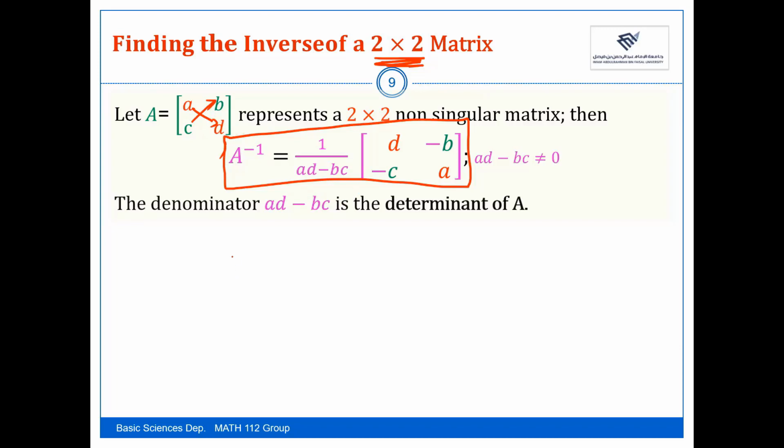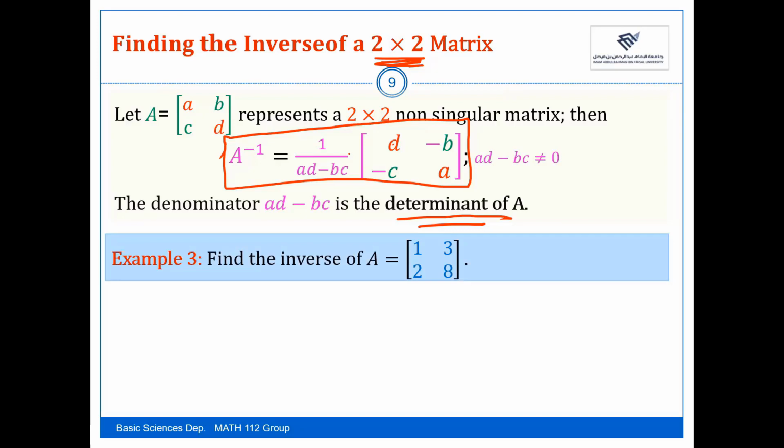What does AD minus BC represent? Who remembers? The determinant. It is the determinant of A. Then 1 over the determinant of A, or 1 over AD minus BC, times the matrix where, look at what is in red, A and D we swapped places, and B and C we kept their places but changed their signs. So it's very easy to calculate the inverse of a matrix of order 2.